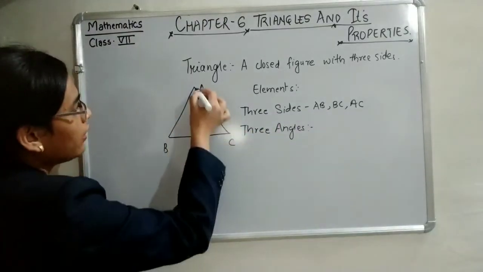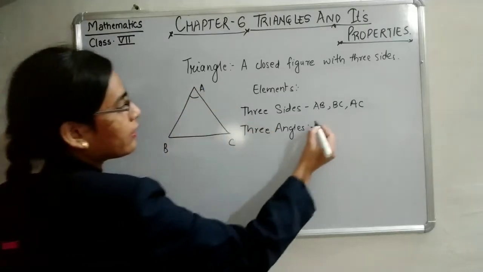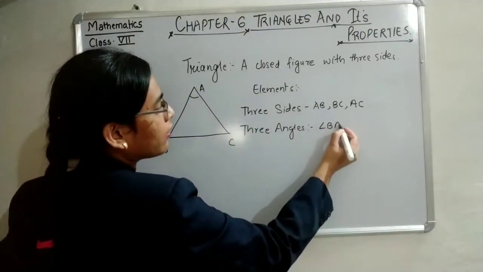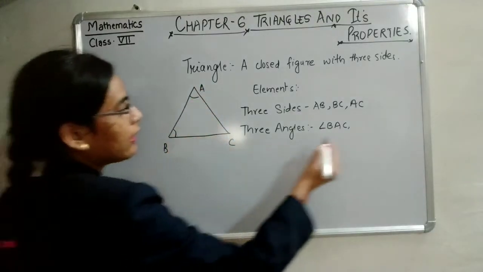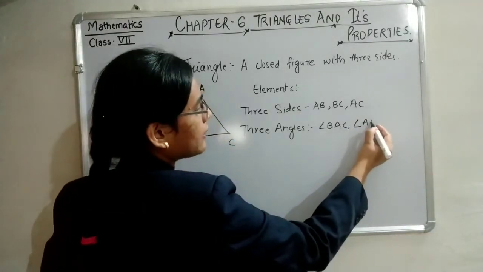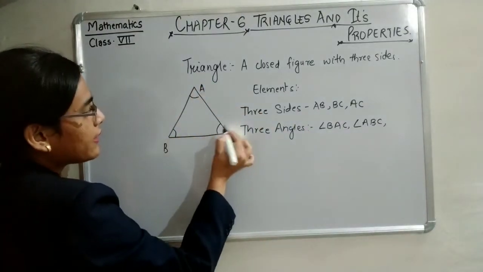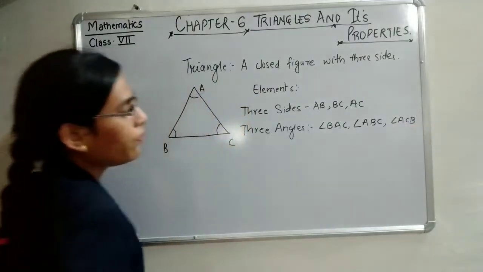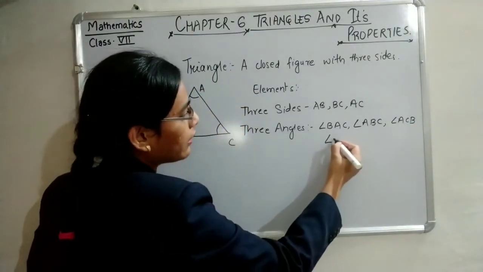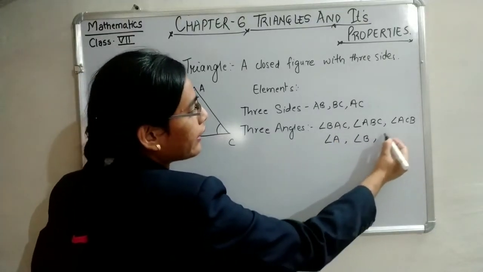Here in this triangle we are having three angles, which are angle BAC, angle ABC and angle ACB. So we can write the names of the angles as angle A, angle B and angle C.